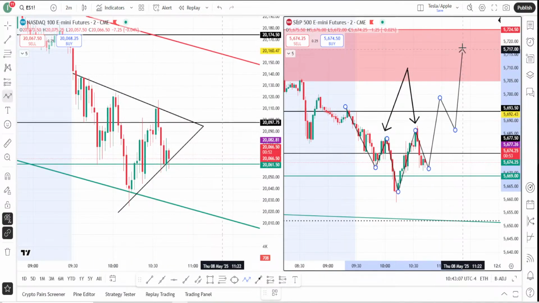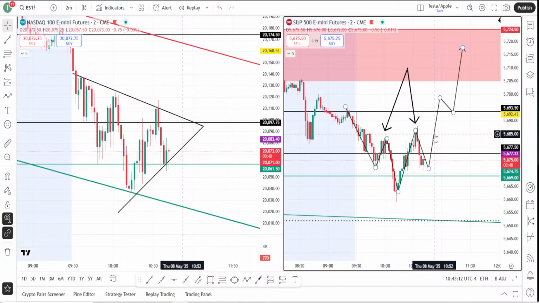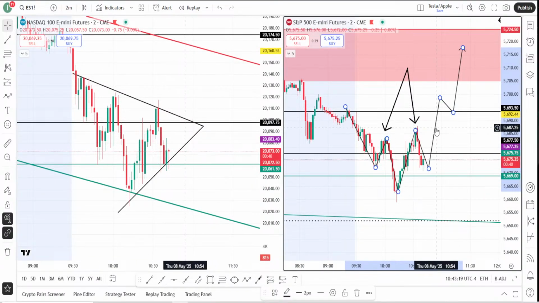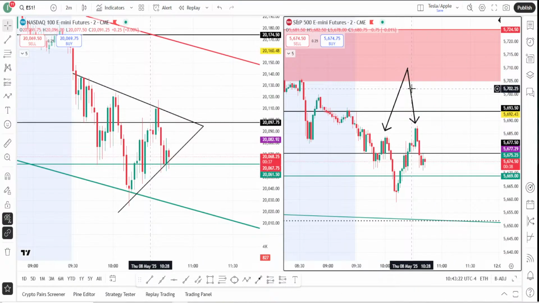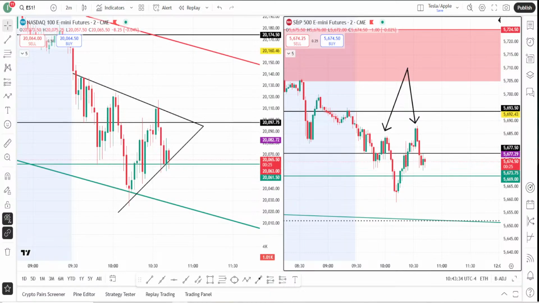So this is looking like a head and shoulders here on the ES. The Nasdaq is looking like something else.